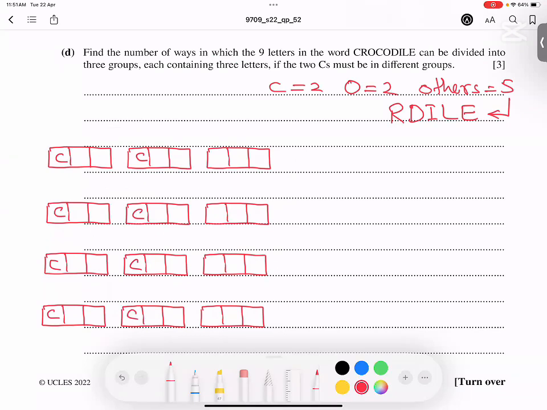Now let's discuss, students, where are the O's? Because we are repeating values. C is done according to the demand of the question. Let's discuss the O's. I have one option: if an O comes here, let's say one O comes here. Where is the second O? The second O can be here or can be here. Okay, let's discuss if O appears here. The second option, can I talk about O here and O here?